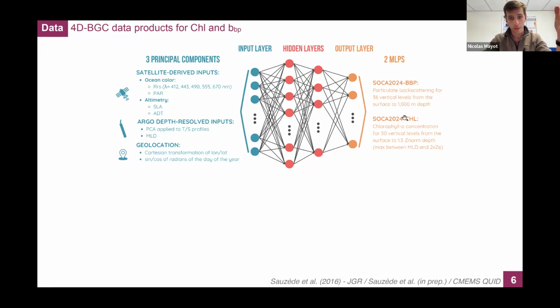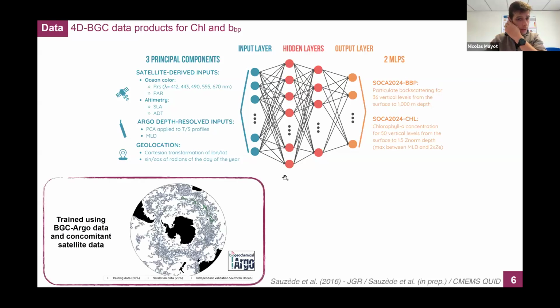And so to show you the training, this neural network has been made to reproduce the global ocean, but because I'm focusing on the Southern Ocean, I'm just going to show you the database available for the Southern Ocean. You can see that we have a lot of data available to do training and validation.